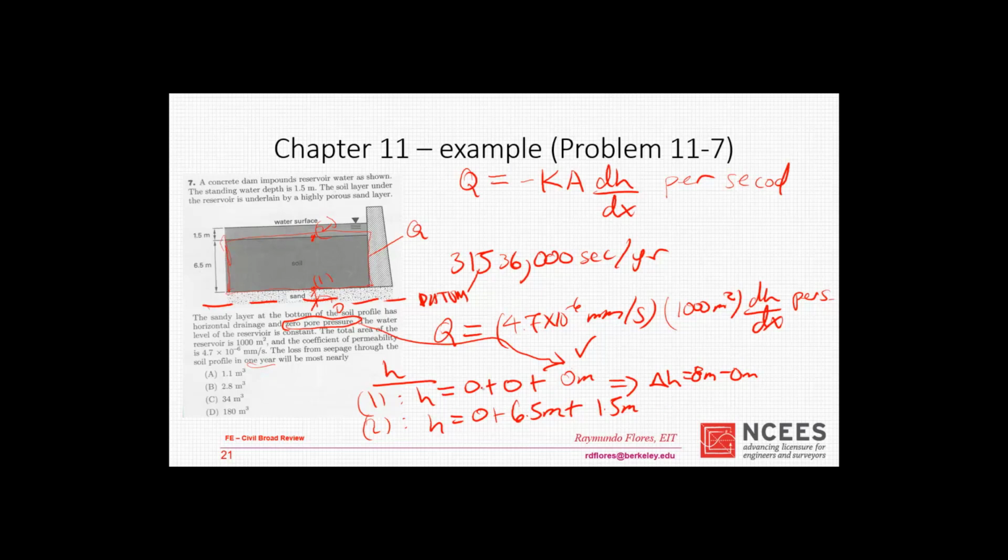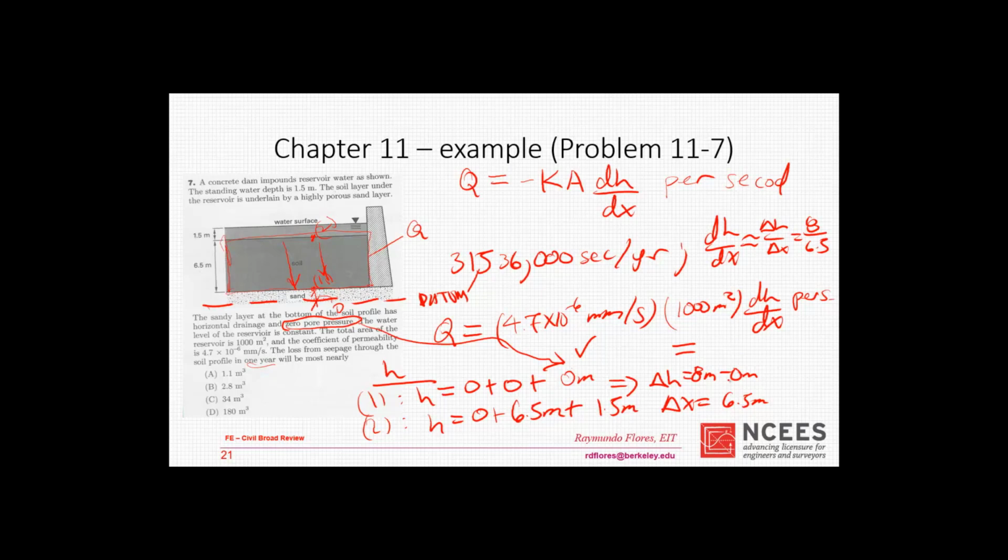Now we have X. So dx is 6.5 meters, because we're talking about the distance where it flows. I don't know if I defined it, but the distance is in the direction of where it flows, so it's 6.5 meters. Ultimately, dH over dx is roughly delta H over delta X, which is 8 divided by 6.5.